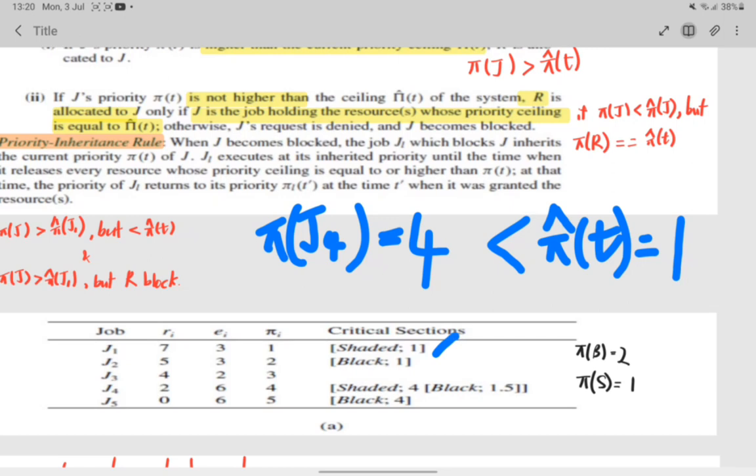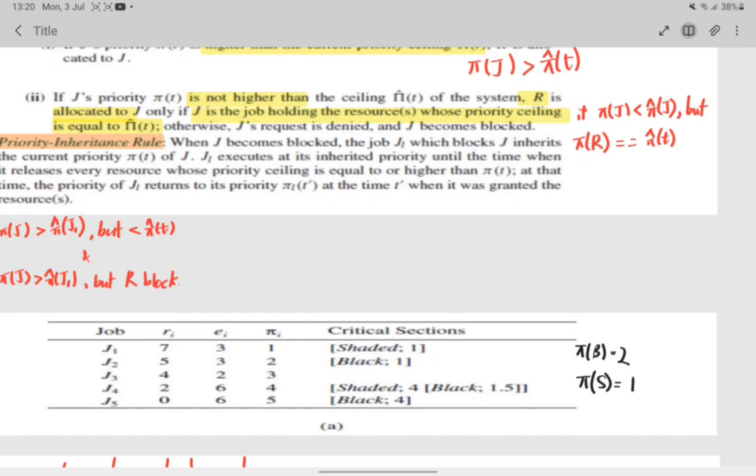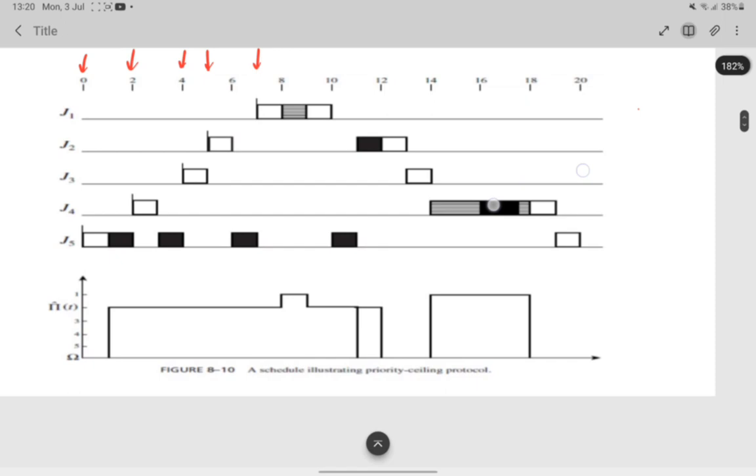So it's not greater than the current system ceiling, but it will still get allocated if the job is holding the resource whose priority ceiling is equal to the current system ceiling.